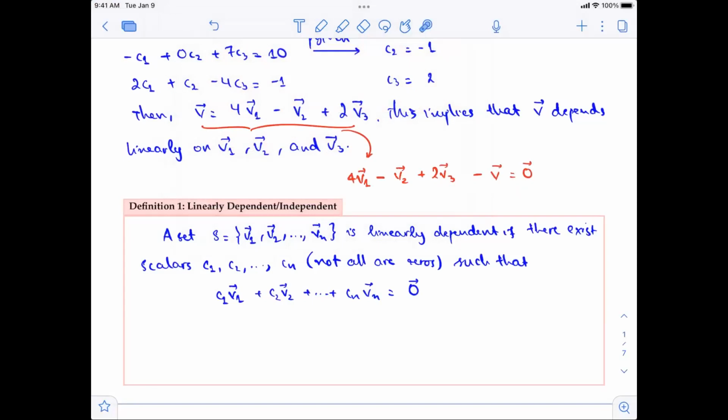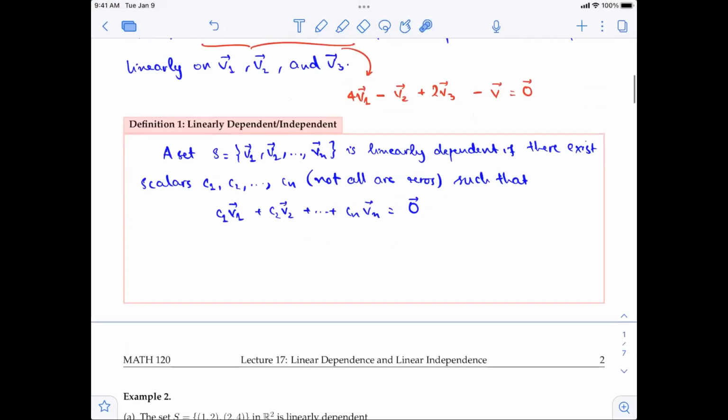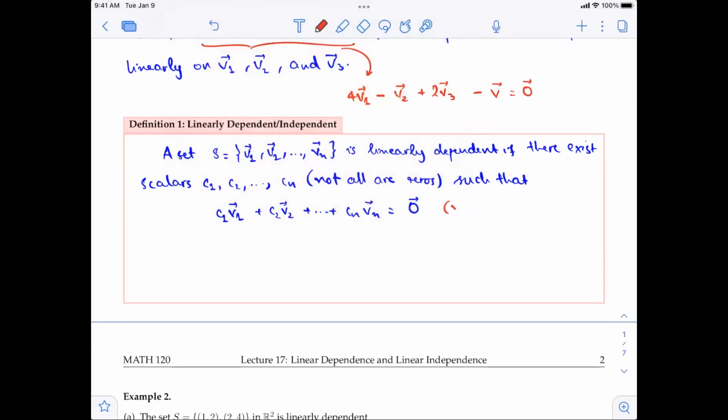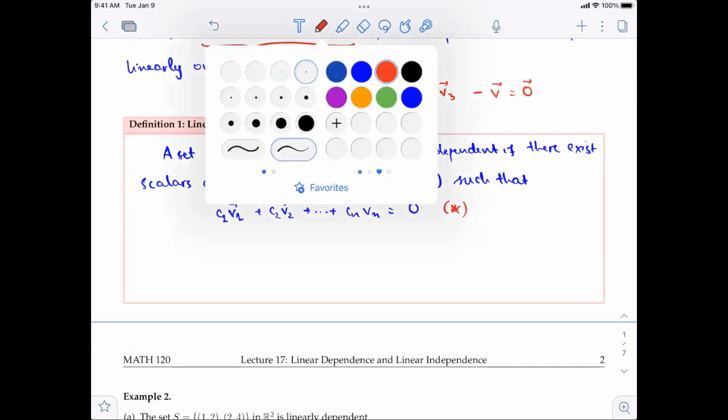All right, so because of this statement or this equation, we say that V1, V2, V3, and V are linearly dependent on one another. I'm going to call this equation star.